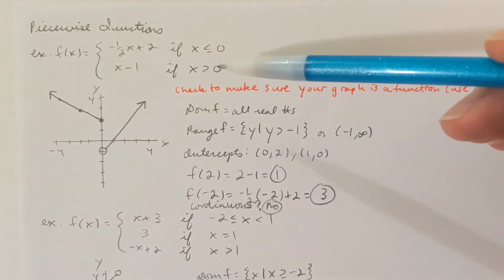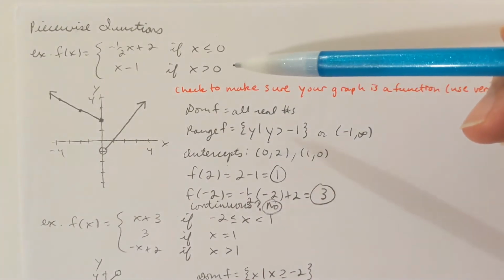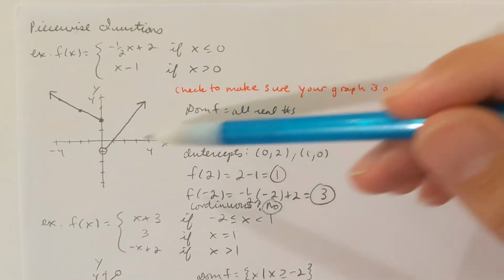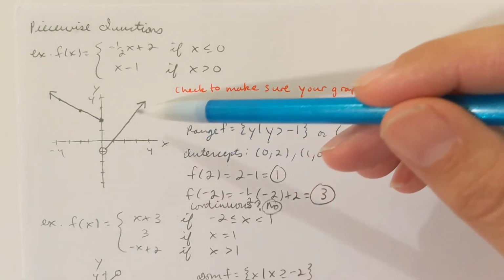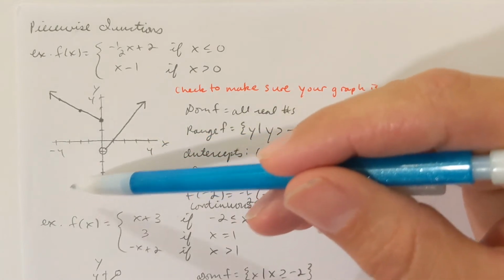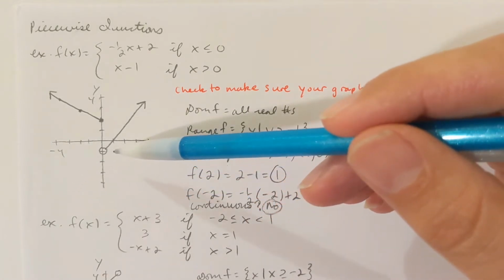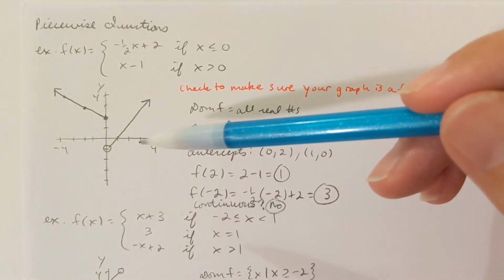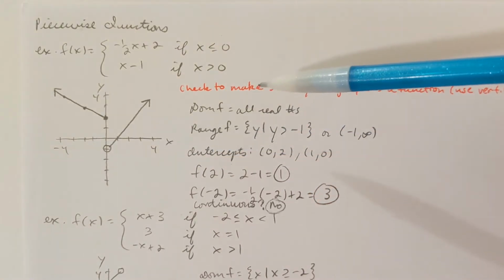Now I don't want the entire line. I only want the part for when x is greater than 0. Anywhere that is 0 or less, I would need to erase. X is strictly greater than 0, so 0, negative 1 should not be on the graph.